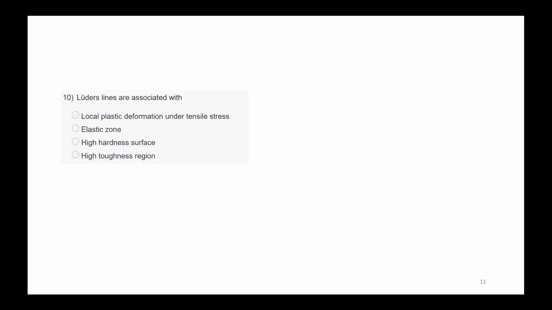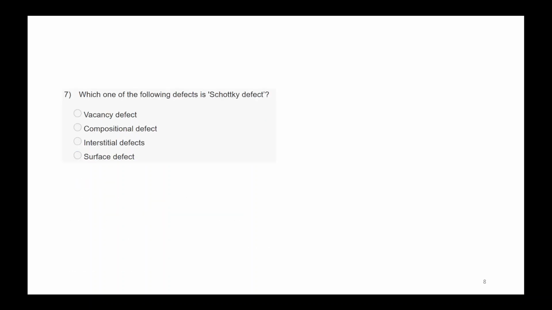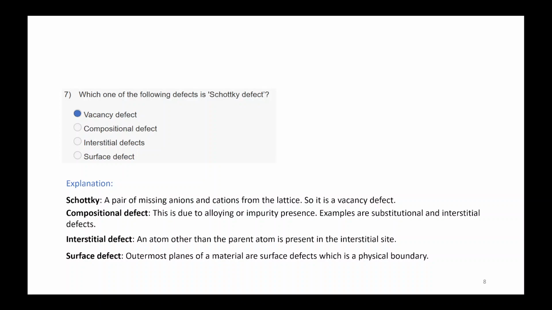An impurity atom can also be there. If an atom other than the parent atom is present, then it will be an interstitial defect. And if the parent atom is present, then it will be an interstitialcy defect.